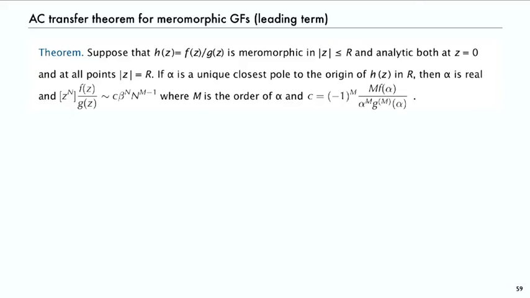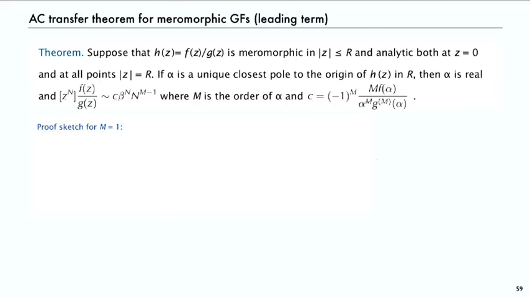If alpha is a unique closest pole to the origin, that means all the other poles are further, then it's real. And not only that, we know the coefficient asymptotics. It's of the form a constant times beta to the n times n to the m minus 1, where m is the order of alpha. We have an explicit expression for the constant, and beta is 1 over alpha.